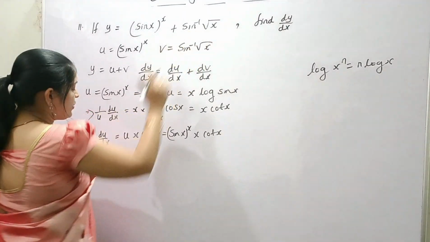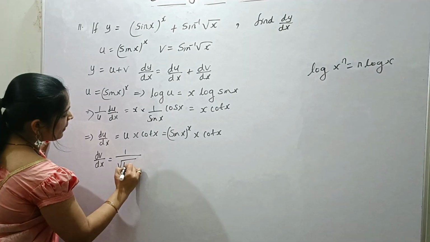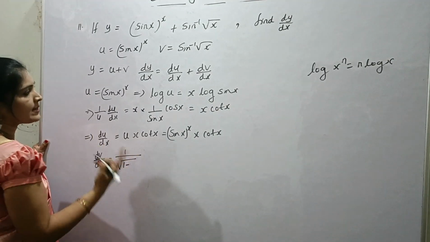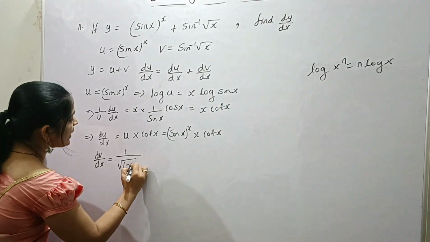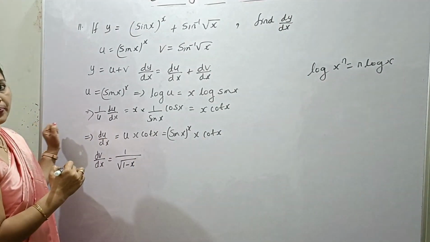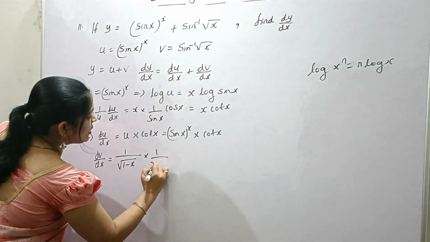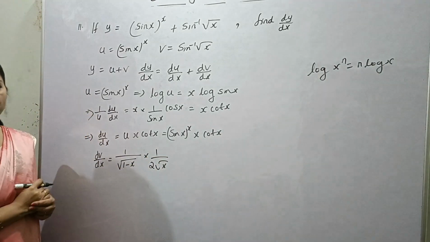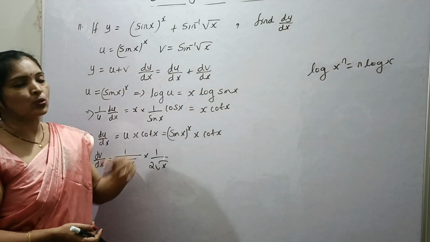So derivative of sin⁻¹x is 1/√(1 − x²). So here (√x) whole square is nothing but x, okay? Into derivative of √x, which is 1/(2√x). That's all, okay? That is dv/dx, v is equal to sin⁻¹√x.